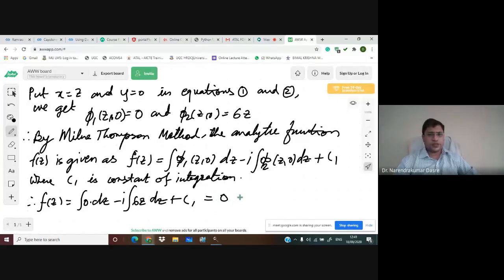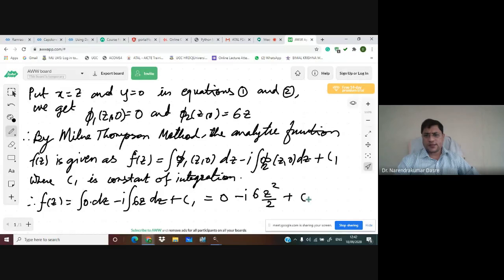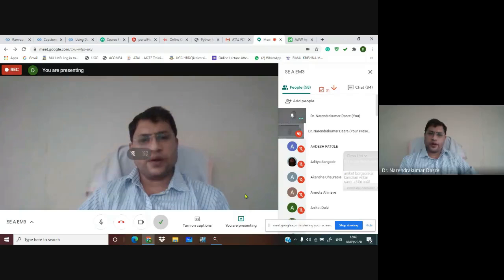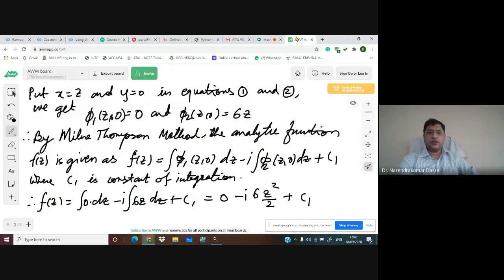So this is equal to 0 minus i, we have 6z square by 2 plus c1. So are you done up to this? Are you able to get up to this one? Yes, sir. Okay. So now let us simplify the remaining.